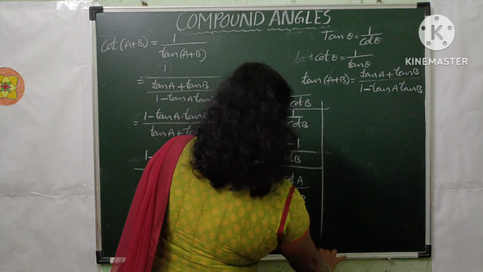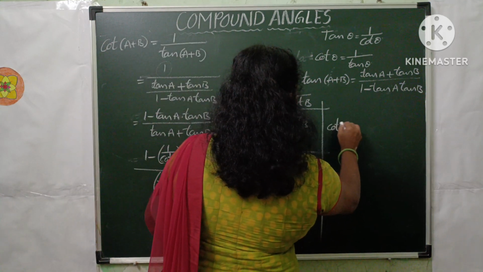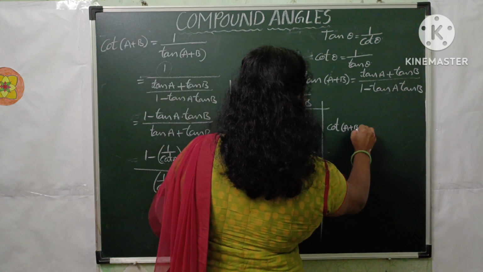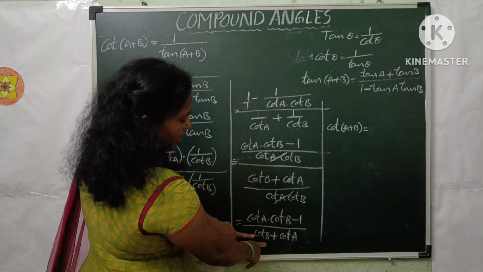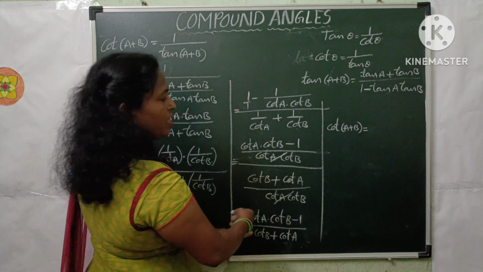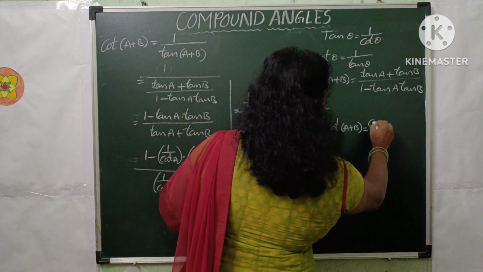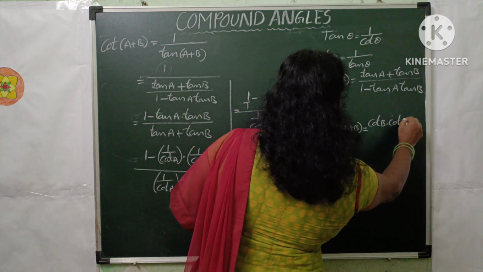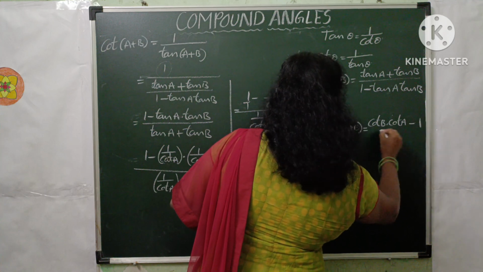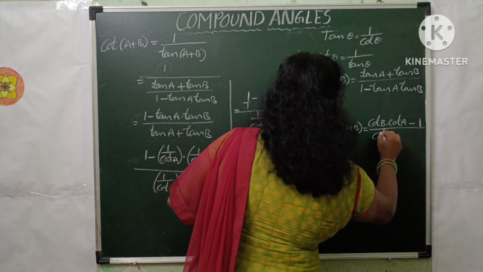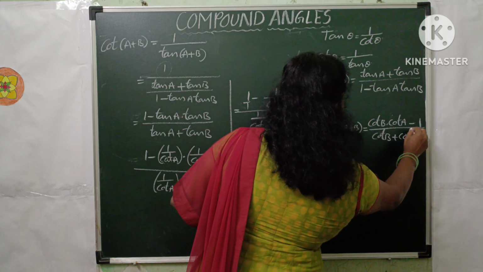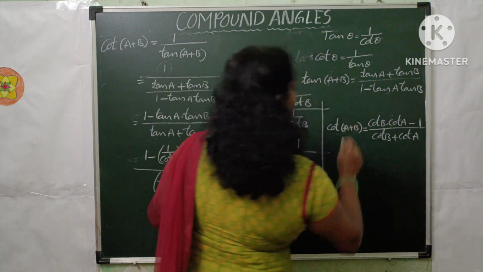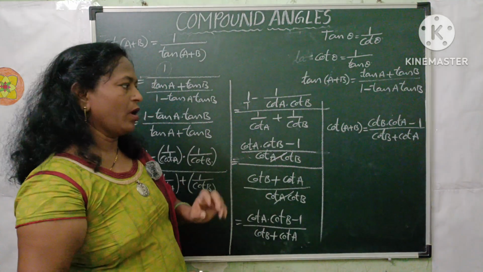We can also write cot A plus B equal to cot B cot A minus 1 by cot B plus cot A, writing in order in the numerator as well. This is the cot A plus B formula.